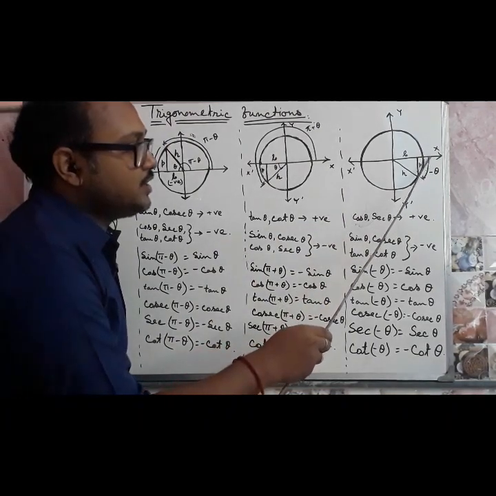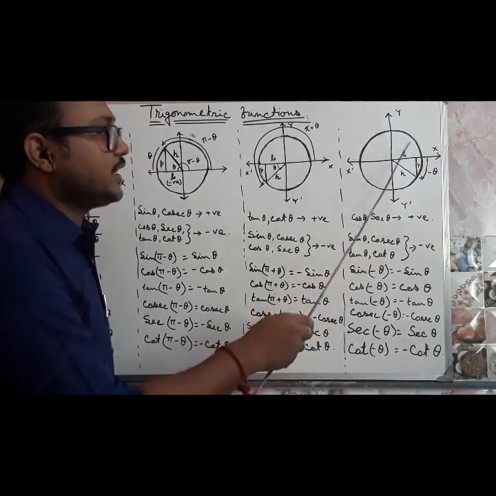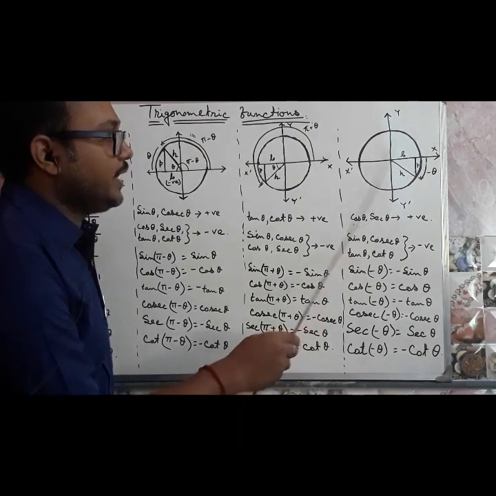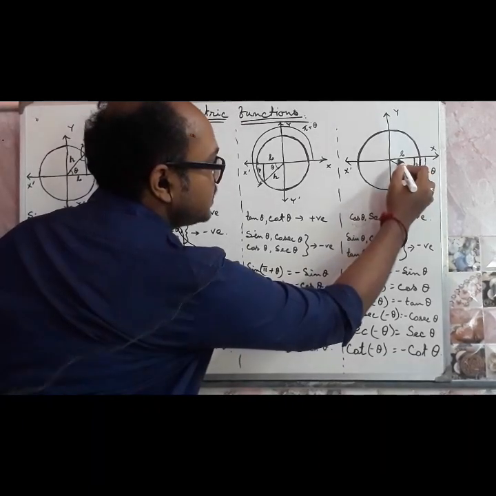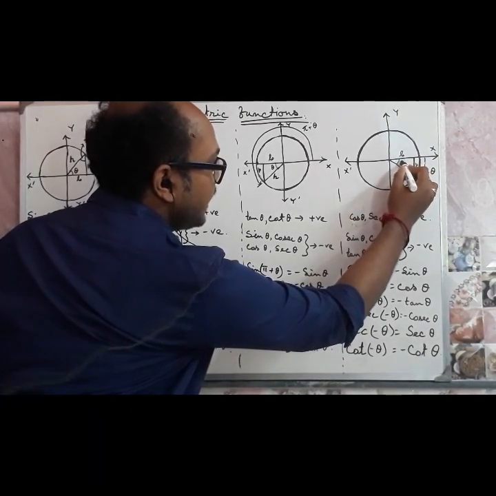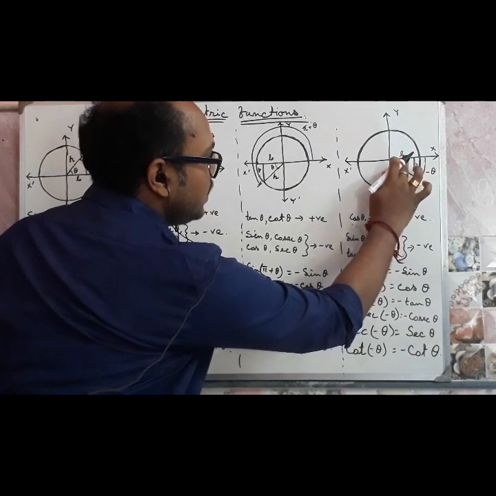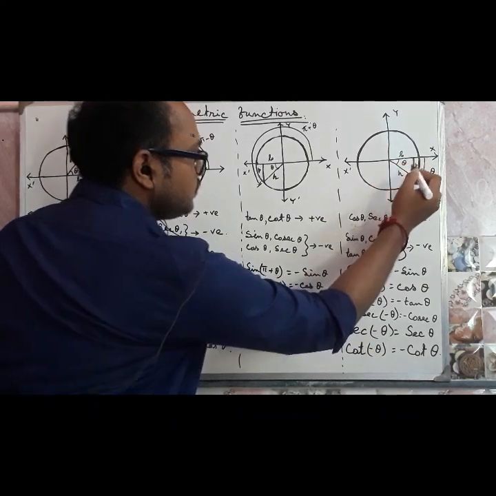Now this point rotates along the circumference of this circle, so the angle formed here, that is theta, at the center of this circle, as the rotation is in the clockwise direction, is a negative angle.